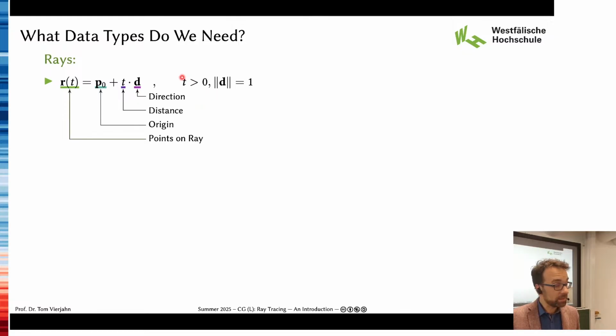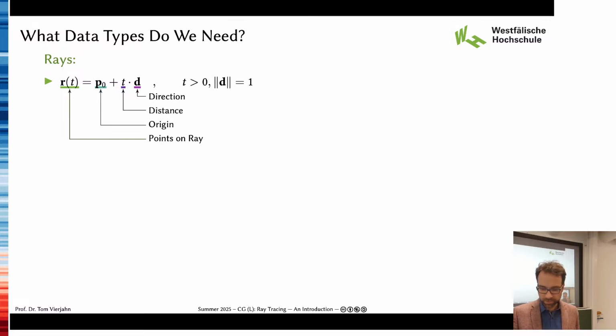And then again, for t to denote the absolute distance, I need to normalize d in order to have d with a length of 1. And this double bar is just a fancy or short notation for the absolute value, or in German, the Betrag of the vector.